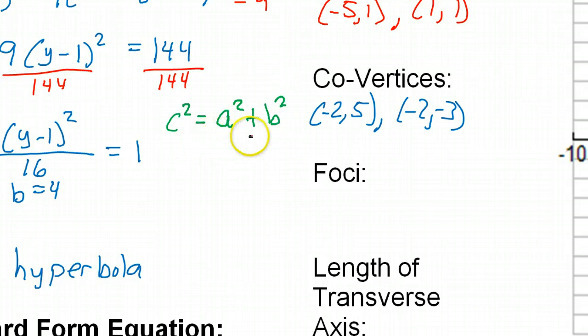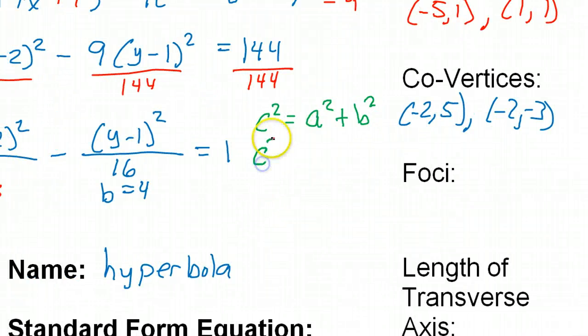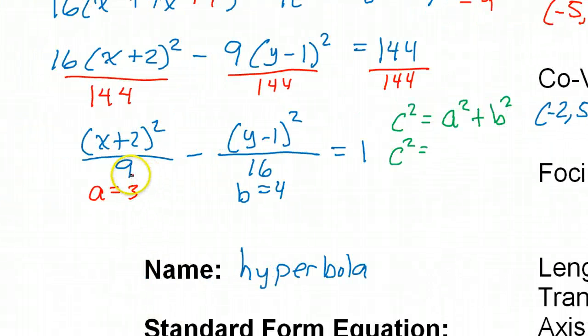Your eyes are not fooling you. For ellipses, it used to be minus. But for hyperbolas, it's plus. So that means C squared is equal to, alright, A squared was 9, and B squared was 16.